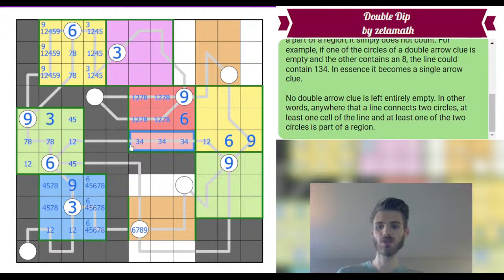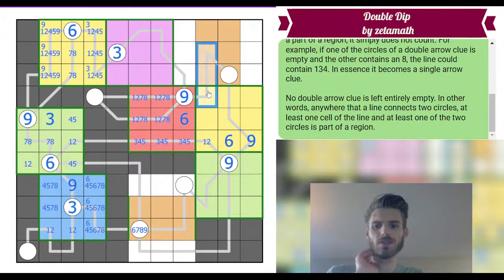Nope, I did not mean to do that. And these cells sum to these 2.